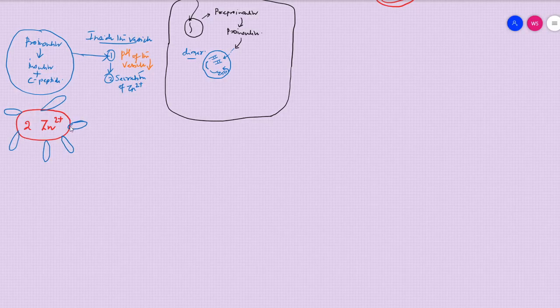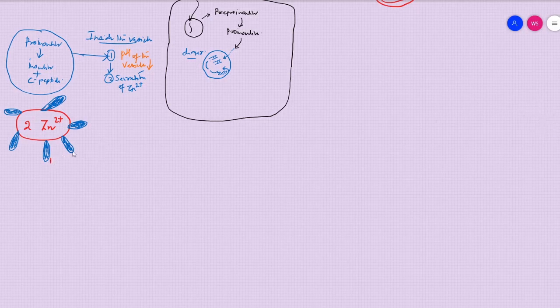Okay, so all this blue representation, these blue things here represent insulin molecules. Okay, so 6 units. So how many units? 6 units.